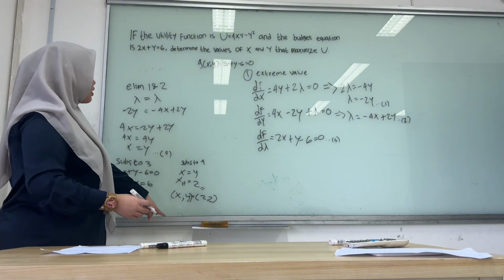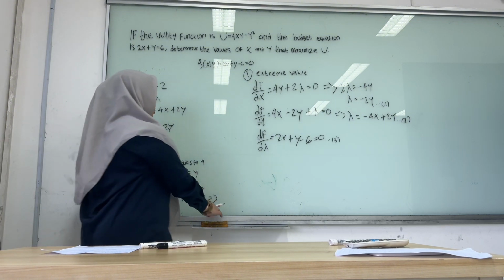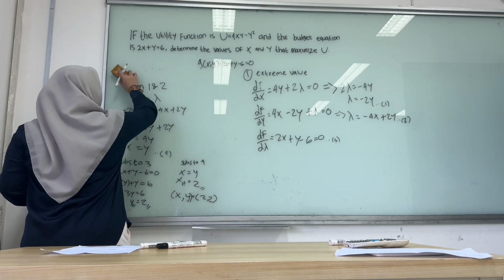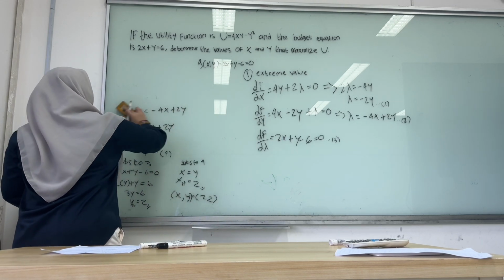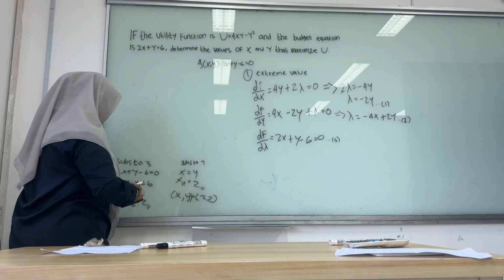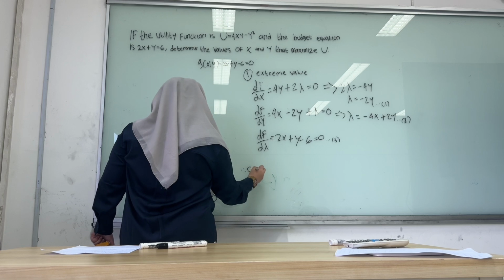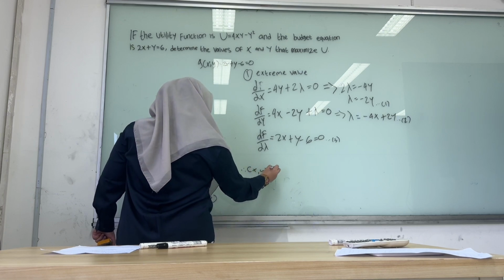Okay, after we find this, we go to the next step, the second step. (x,y) is (2,2).